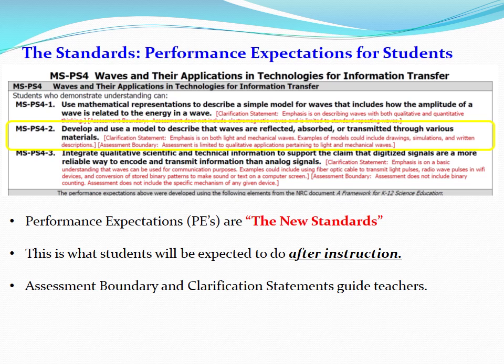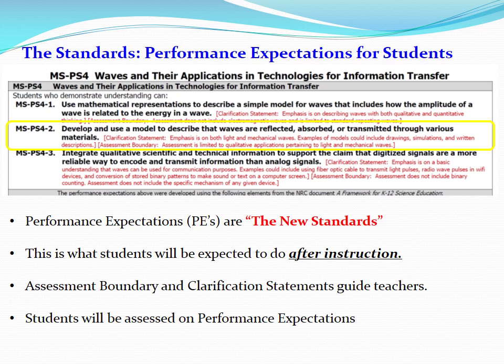This is intended to differentiate it from quantitative analysis, which would be done in a higher grade level. So students would not be expected to do anything beyond describing qualitatively how waves are transmitted through materials. They would be looking for things such as refraction and diffraction, things of that nature.